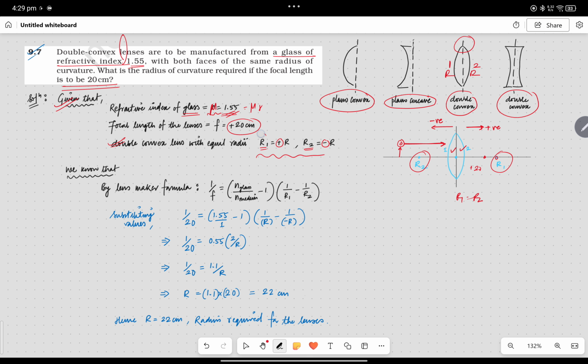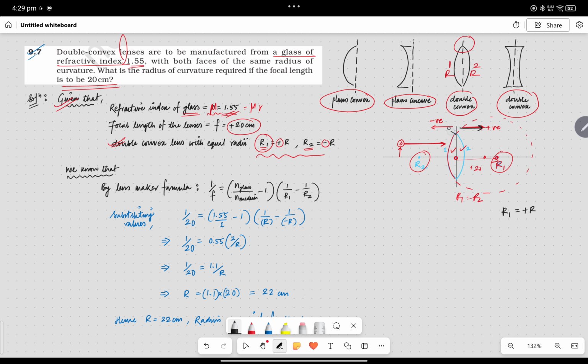Now for getting r1, that is radius 1 for this side of the plano convex lens, you can see that this is a sphere that you can make on this side, so the radius is going to be on this side, r1, right? Once you have got the radius on this side, you have to go to the pole of that lens, and then from here you have to walk the distance, and that distance is r, but the distance is in the positive direction, so you have to take r1 equal to positive r.